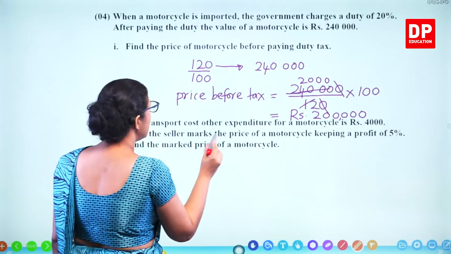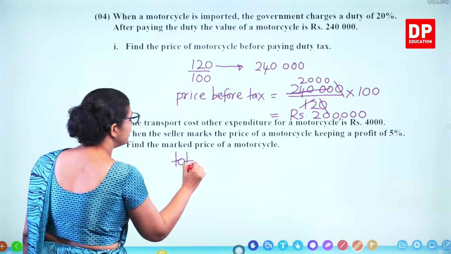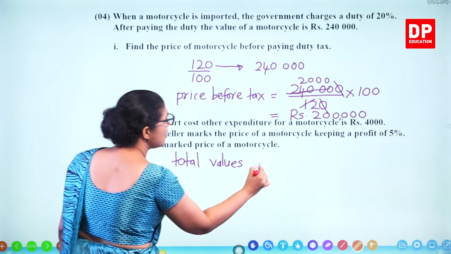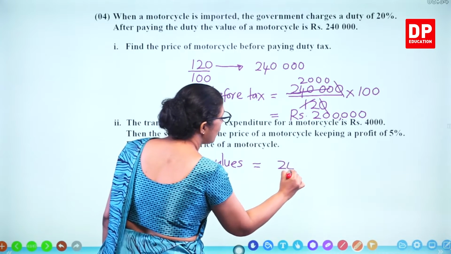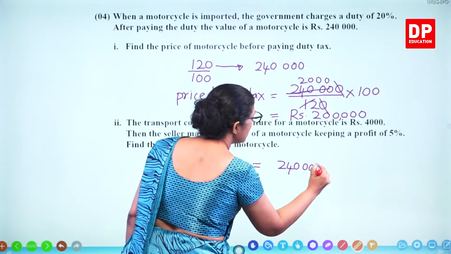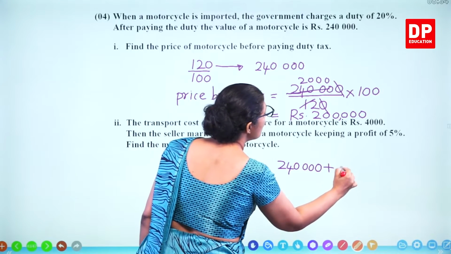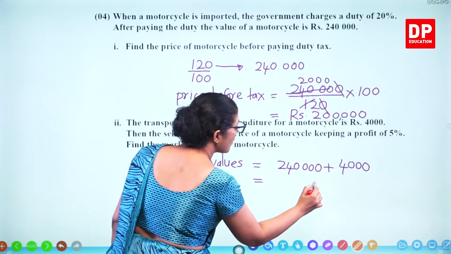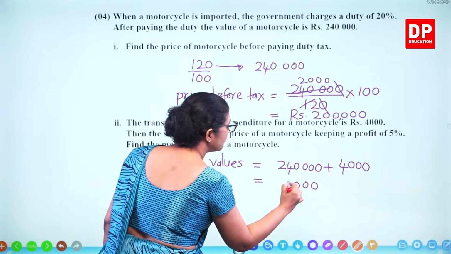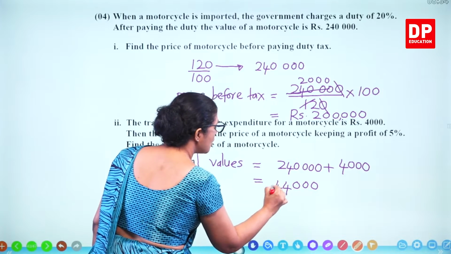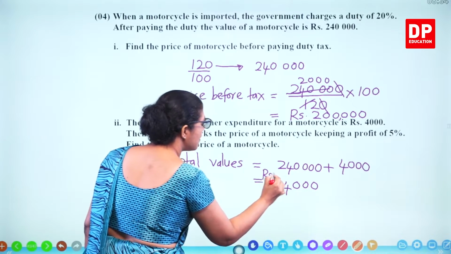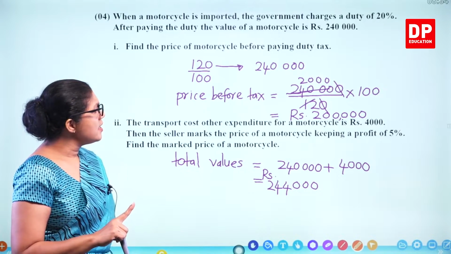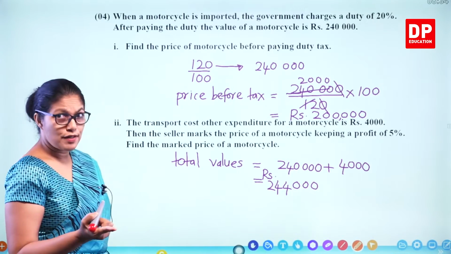So what's the total value with all these expenditures? 240,000 plus 4,000, 244,000. Then we need 5% profit from that.